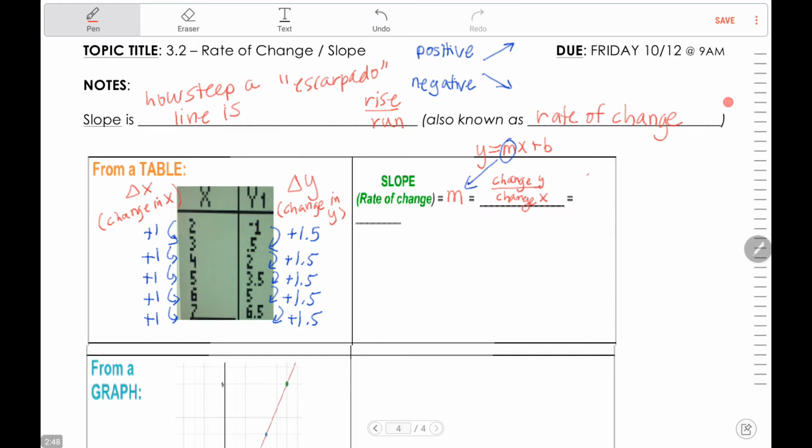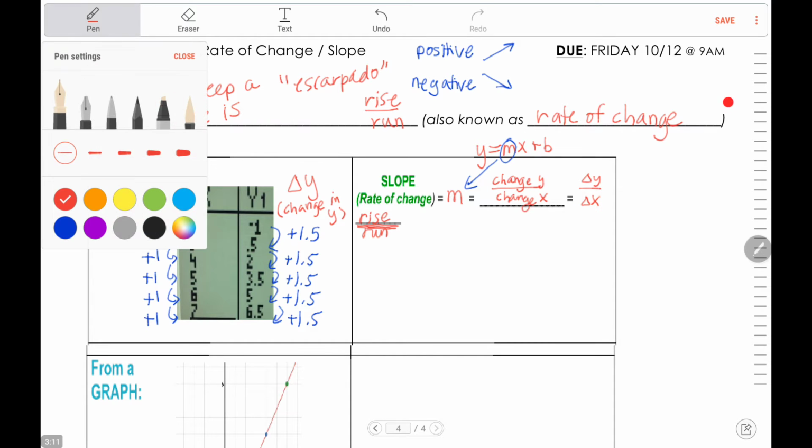So you might see it written as triangle y over triangle x. That means change. So in this case, change in y is 1.5, change in x is +1. Another way we'll see slope is it also means rise over run. On a graph, we count up how many it rises by, how many it runs by.